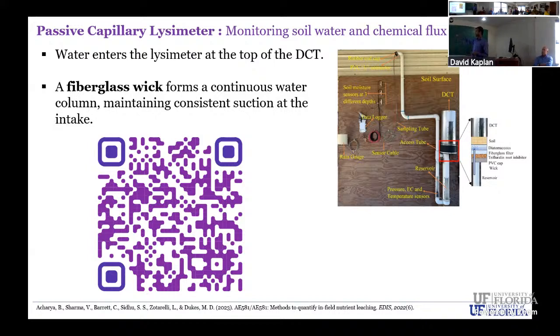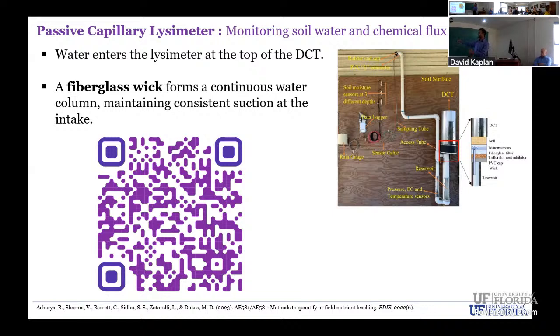So this is the top surface of the soil. This is 2 feet down, and it starts the DCT or divergence control tube opening, and this is the soil column here, and then there is a wick here that continues the flow of water, maintains the flow of water from the soil to the reservoir, and this is the reservoir, right?